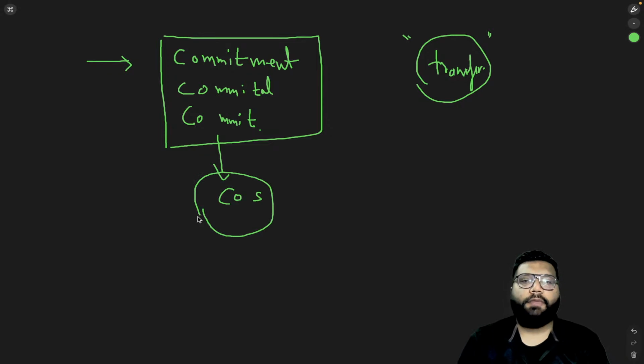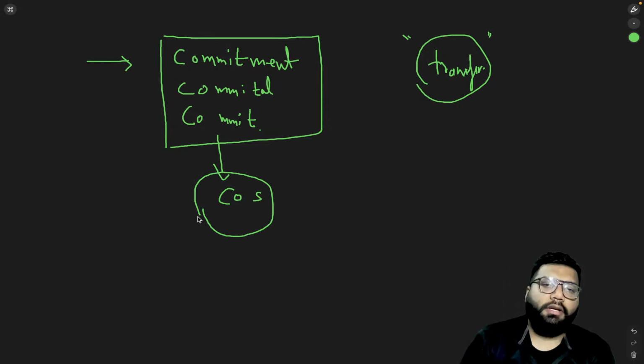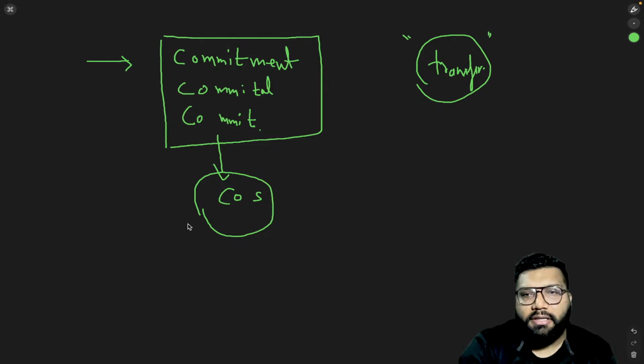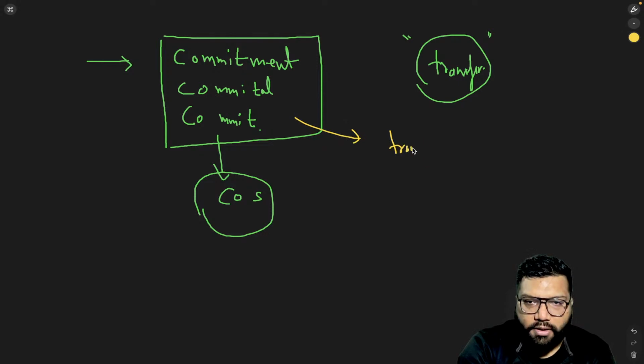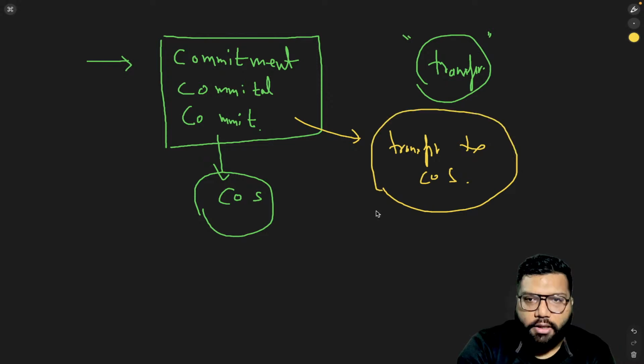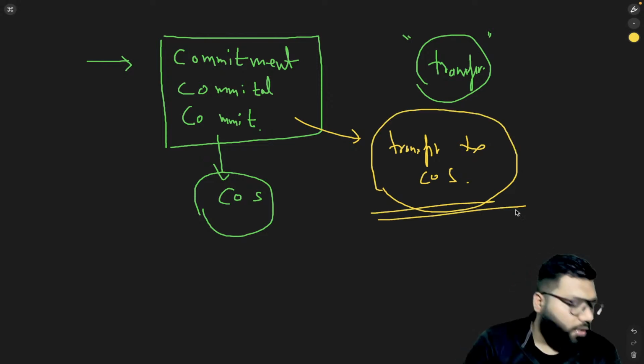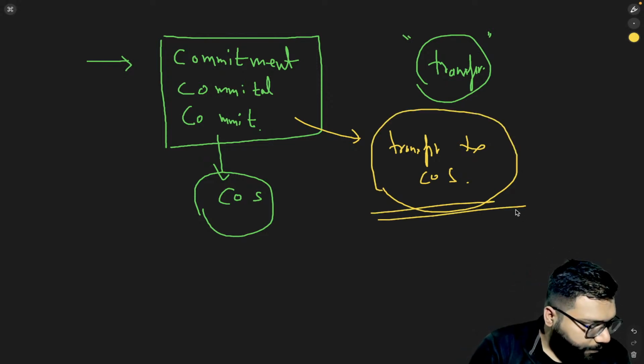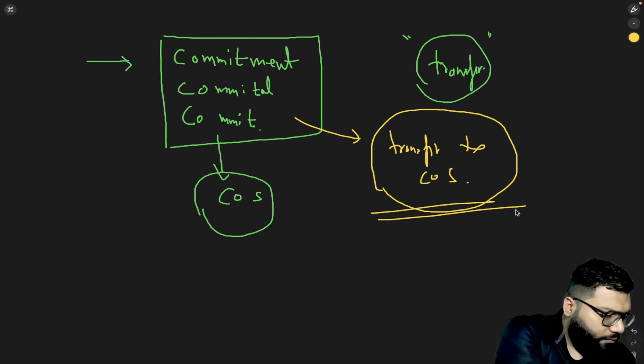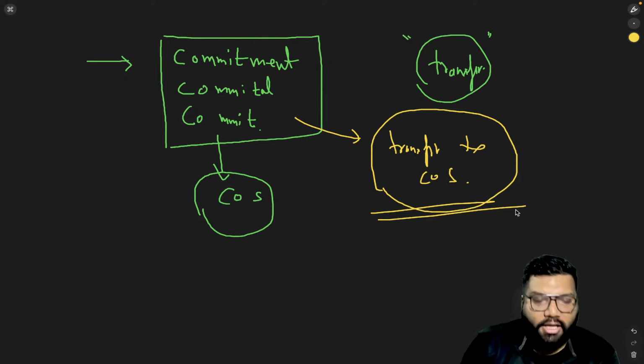I'm repeating myself: the meaning of this term is transfer to court of session only. I hope now you are clear with this. Yes, Tanish, I hope I have answered your question.